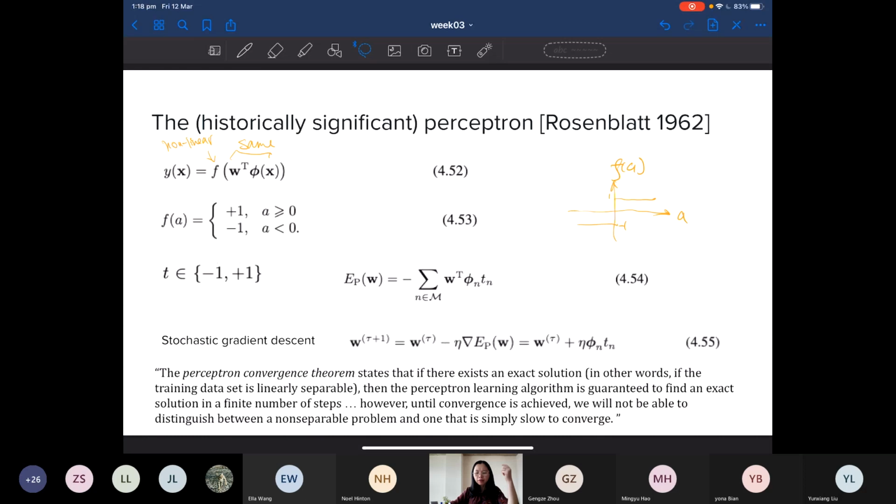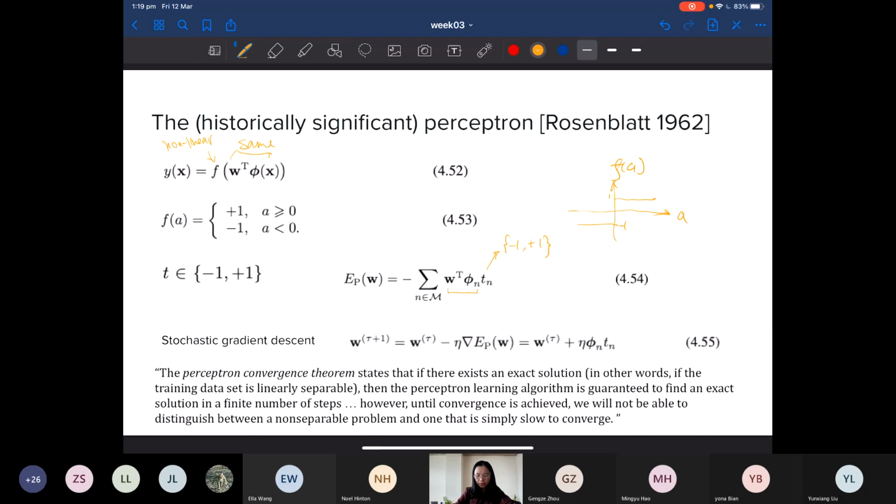Okay, so we have this f function that solved the problem of the least squares. And we can also define an error function. In here, the target is also plus 1 or minus 1. And the error function is the negative of the linear combination of the feature times the target.